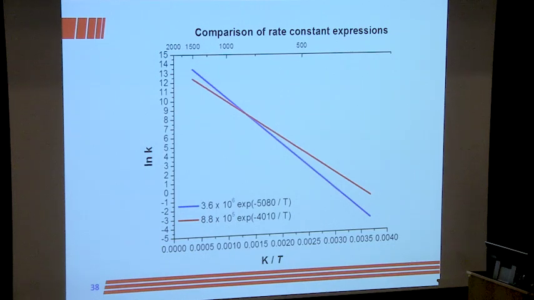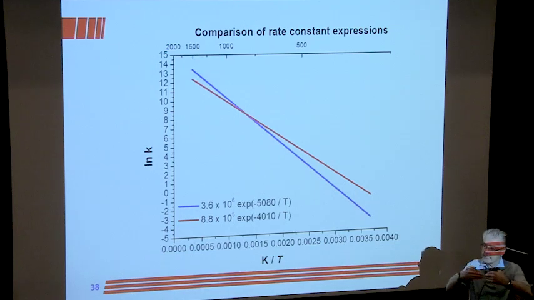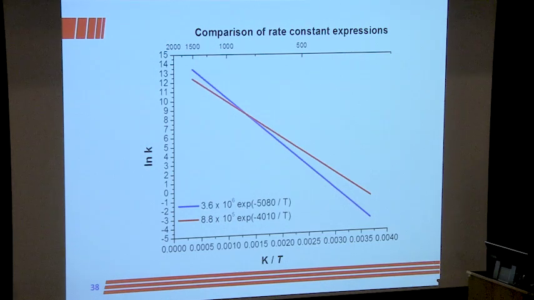So to go back to what I was talking about yesterday, the CC bond is weaker than a CH bond. So for unimolecular decomposition reactions of molecules, typically up to 1800, 1900 Kelvin, for hydrocarbons CC cleavage dominates over CH cleavage.